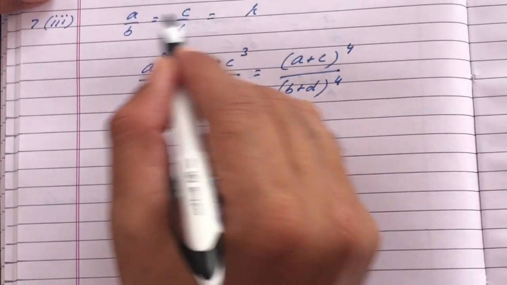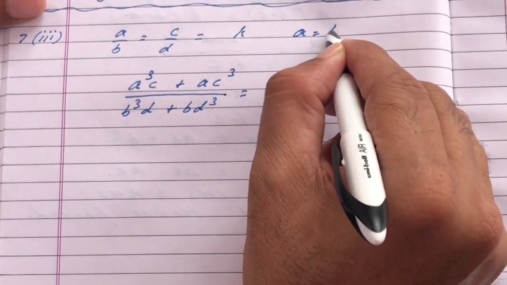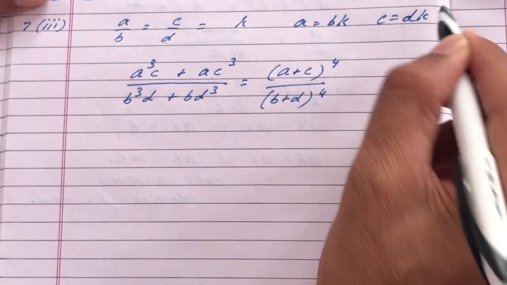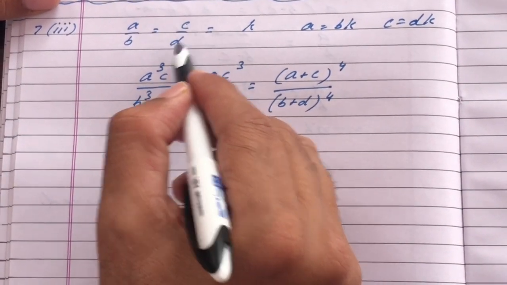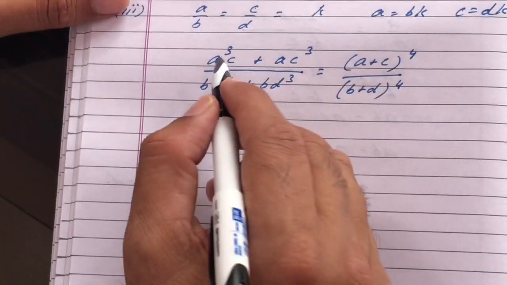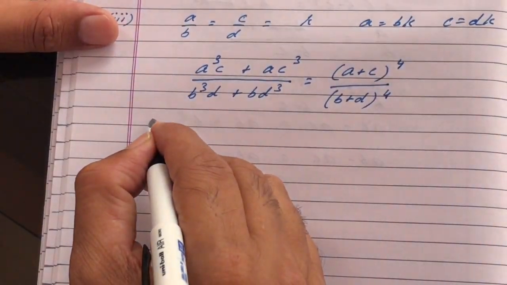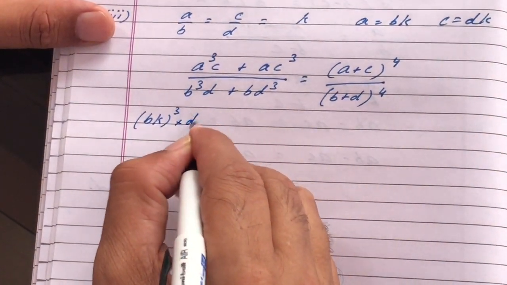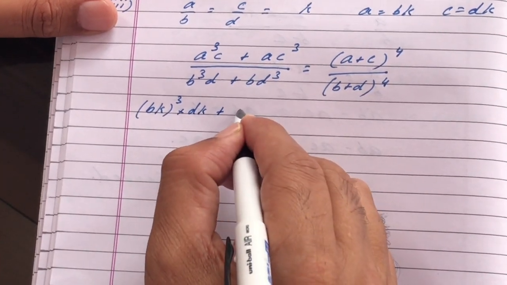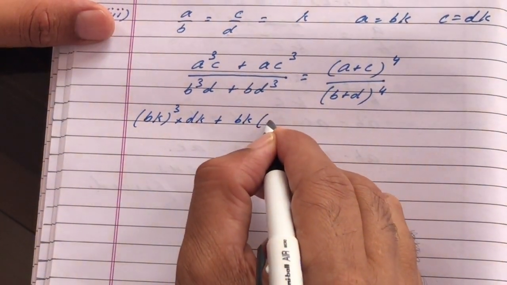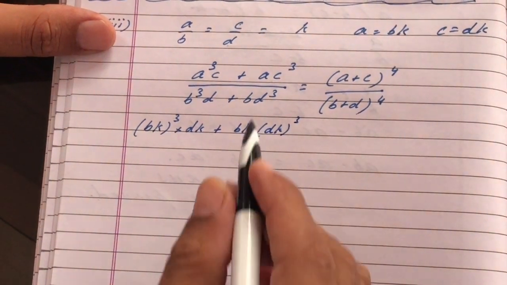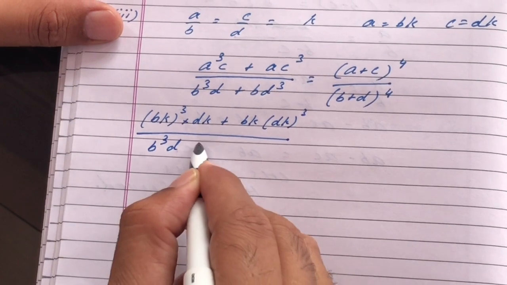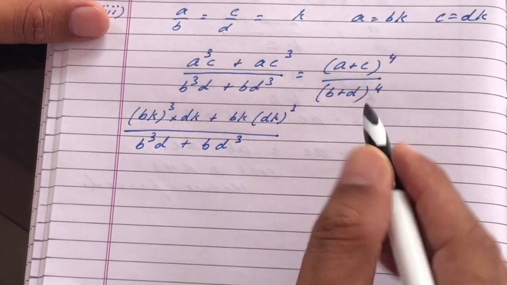Now from here A is equal to BK, C is equal to DK. By cross multiplying, A is equal to BK, C is equal to DK. So in place of A I write BK whole cube, in place of C I write DK, upon B cube D plus BD cube.